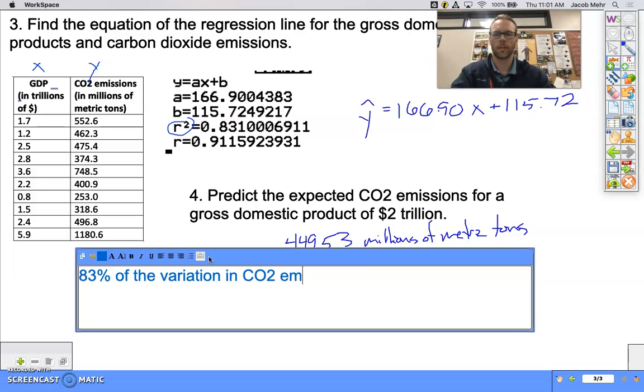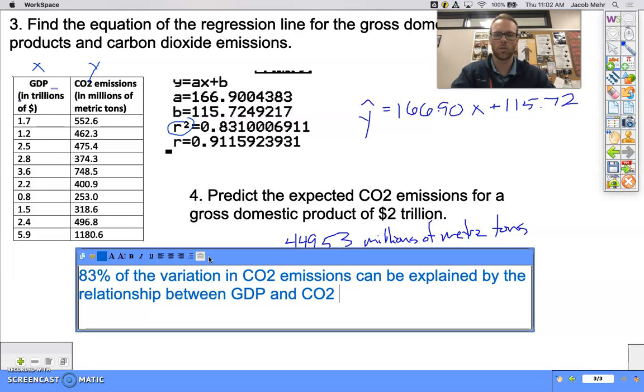CO2 emissions can be explained by the relationship between GDP and CO2 emissions. 83% of the variation that we're seeing in our y values can be explained by the relationship between the x and y's. That leaves what? 17% of the variation is unexplained.